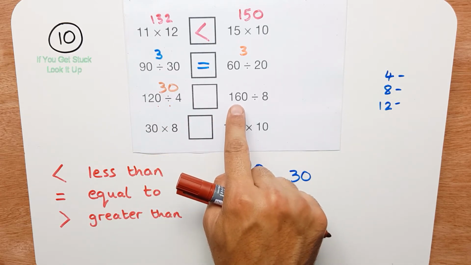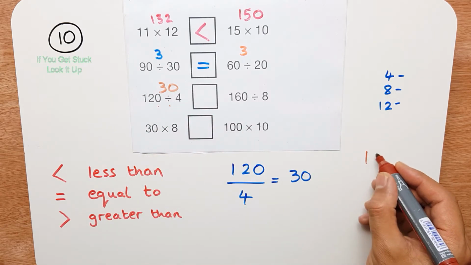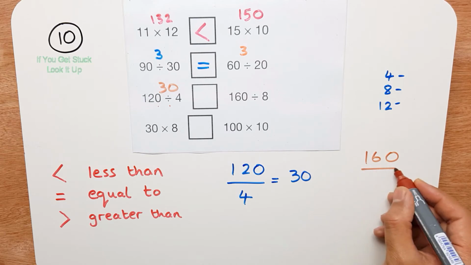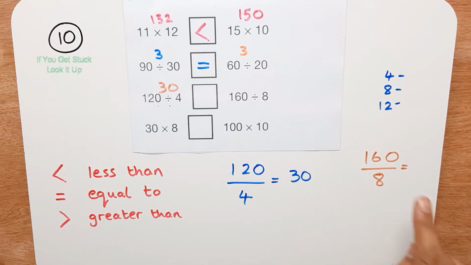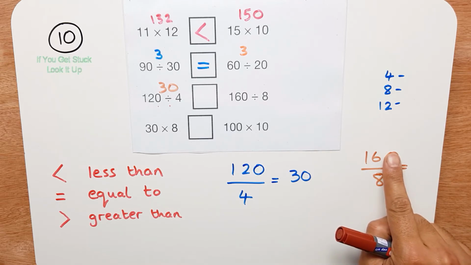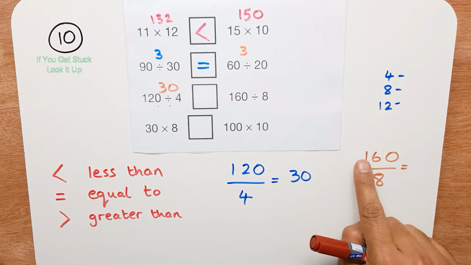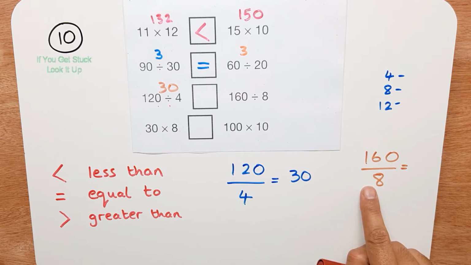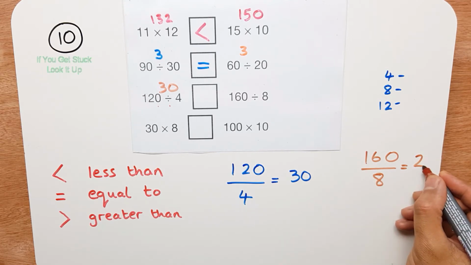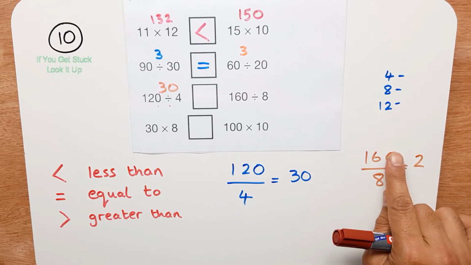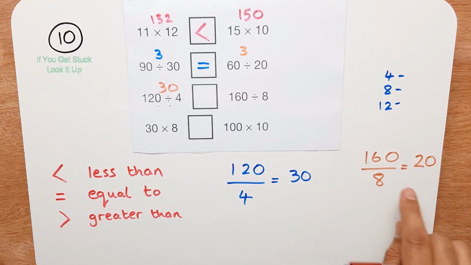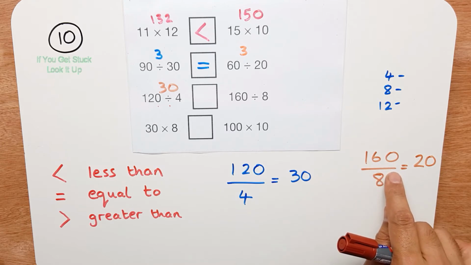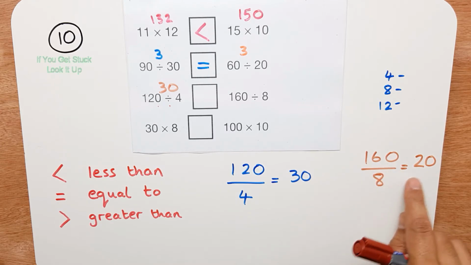Now the same thing with this. 160 divided by 8. And I can see straight away if I hide this 0, 16 divided by 8 is 2. And then this 0 that I hid, I bring it back here. So 160 divided by 8 or shared by 8 is 20.